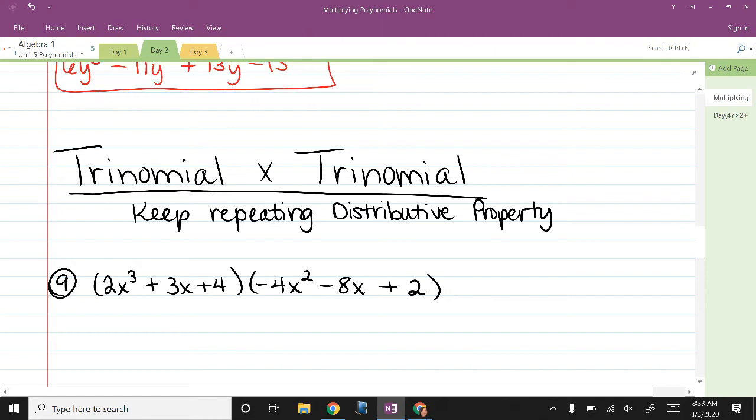And then you come back and do 4 times all 3 terms. All right, so every term in the first trinomial gets multiplied by every term in the second trinomial. All right, we're going to repeat the distributive property 3 times. Okay, so I'm going to start with 2x cubed and multiply it times all 3 terms over here. So what is 2x cubed times negative 4x squared?